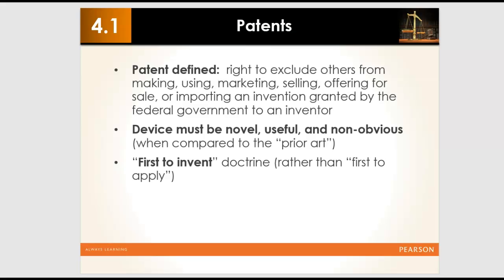So when you invent something, when you create something, and you patent it, you have the exclusive right. And this exclusive right for a patent will be for 20 years. So remember we talked about copyright, and copyright was the life of the author plus either 70 years or 95 years, the protection.